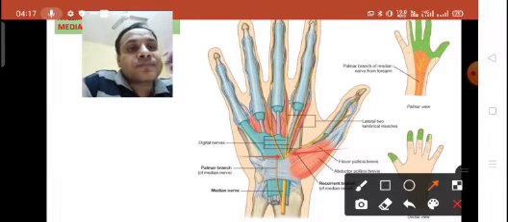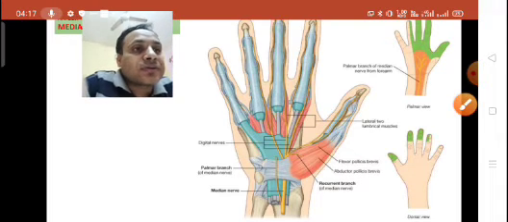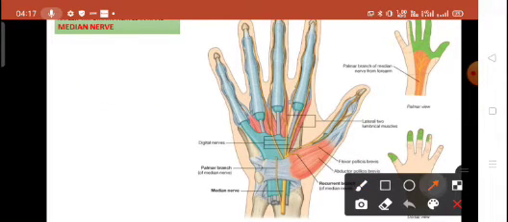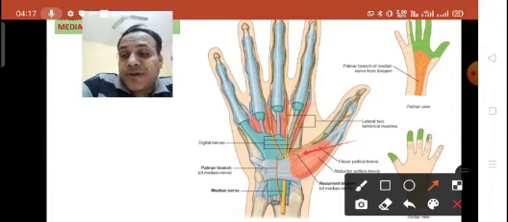From the lateral division, one muscular branch arises. This is known as the recurrent branch. You can see here, this one is the recurrent branch of the median nerve.